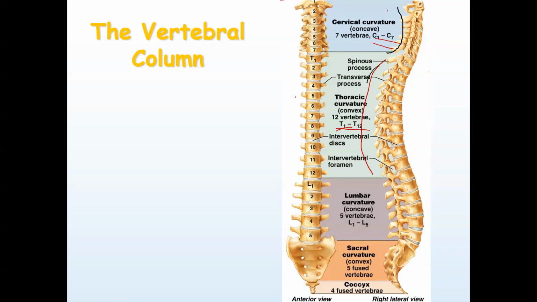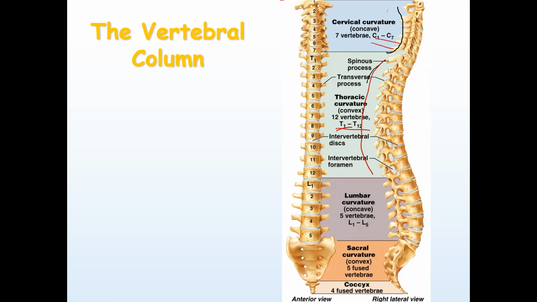Now, between the vertebrae, you'll notice there are prominent intervertebral discs. As you know already from CSEC, these discs are here to cushion the vertebrae as they sit one on top of the other. As the weight of the body presses down on them, they cushion the vertebrae to reduce damage, okay?